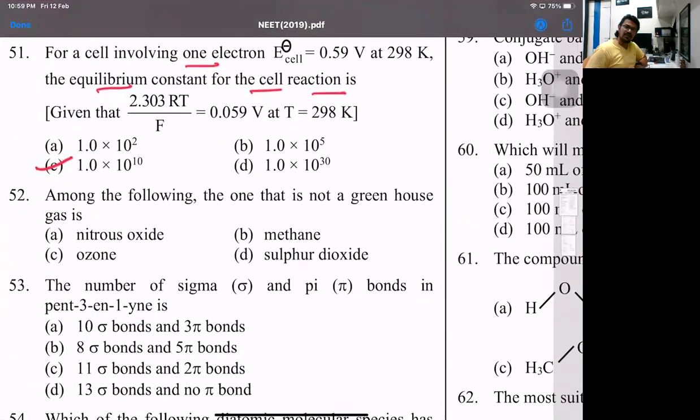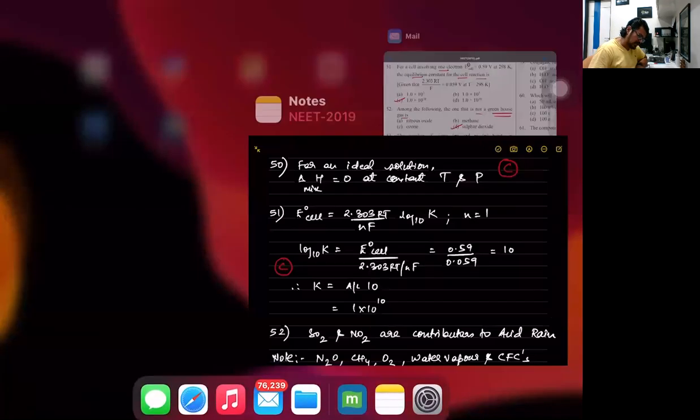Then 52, among the following, which is not a greenhouse gas. Now the one which is not a greenhouse gas is nothing but sulfur dioxide. Sulfur dioxide and NO2 are basically the gases responsible for acid rain. Whereas nitrous oxide, methane, ozone, the chlorofluorocarbon compounds, those are all the greenhouse gases. So 52 is D, not a greenhouse gas.